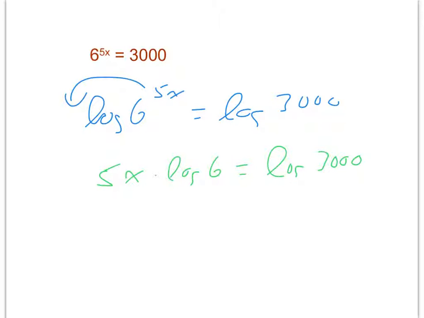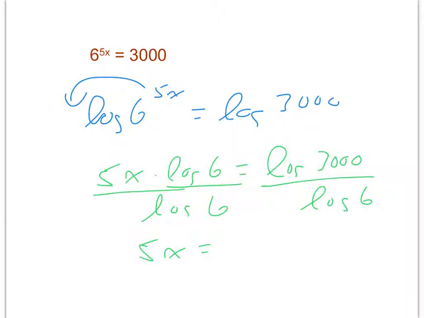I'm going to divide both sides by log 6. So I get 5x is equal to log 3,000 divided by log 6. Using my calculator now, I get 5x is equal to 4.46843, and so on.